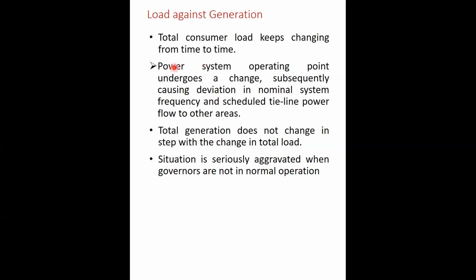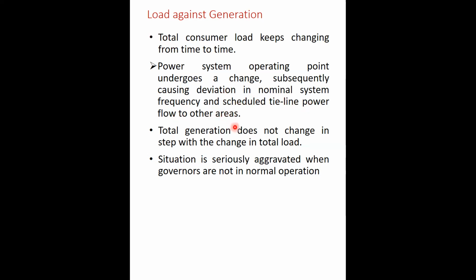So from this it is clear that your consumption will vary, and thus the operating point for your system undergoes a change, thereby resulting in some form of frequency deviation. And thus you have to schedule your tie-line power flow in your network when the system is interconnected.